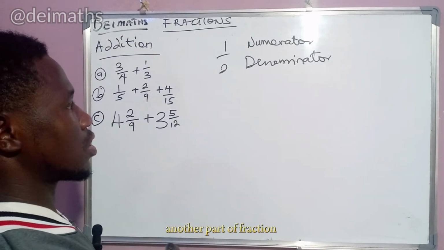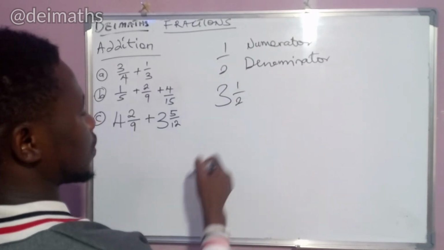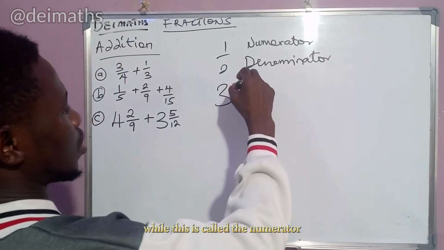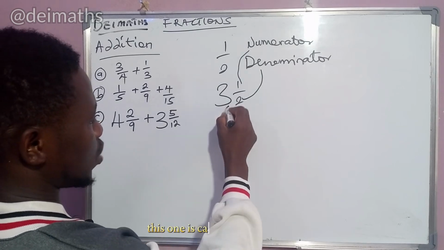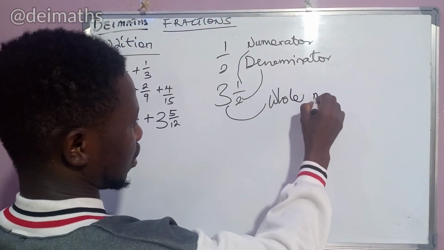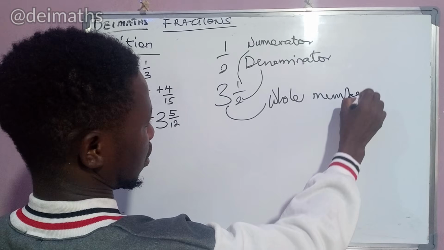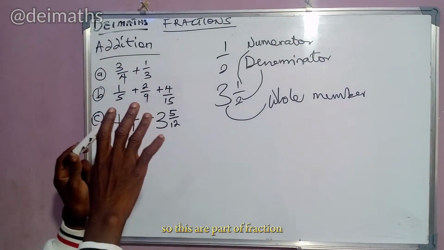Another part of a fraction is something like when we have 3 1/2. While this is called the numerator, this is called the denominator, and this one is called the whole number. So these are the parts of a fraction.